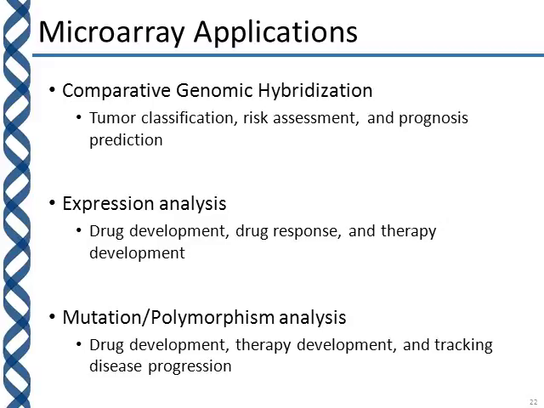It can be used for expression analysis, to enable drug development, to predict drug responses, and to allow us to develop unique or targeted therapies. These microarrays can also be used for mutation or polymorphism analysis. Again, this enables specific targeted drug development, as well as the tracking of disease progression.